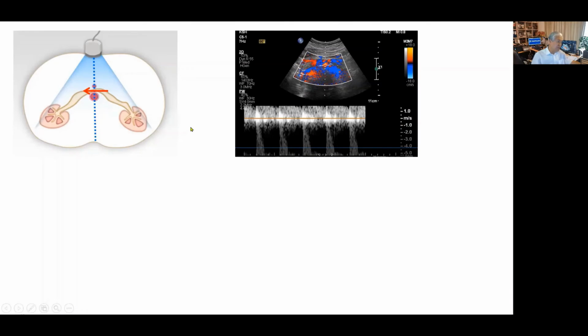Lastly, I would like to mention a few technical aspects we need to keep in mind when you are doing Doppler ultrasound to detect nutcracker phenomenon. First 2 points are Doppler angle and sample volume.